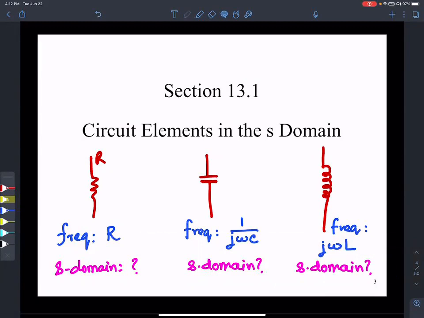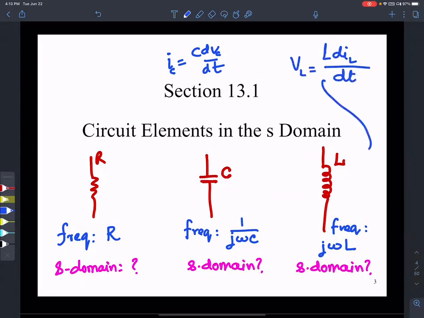In the time domain, we had C and we had L, right? And the equations we were setting up used I equals C dV by dt, or L di by dt.